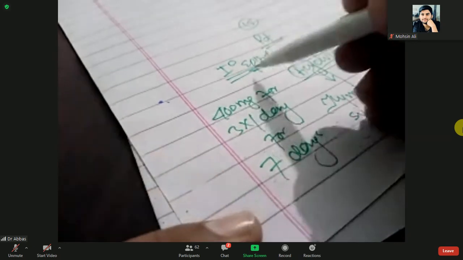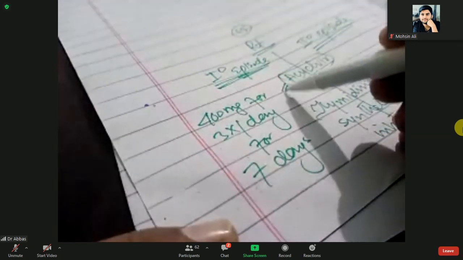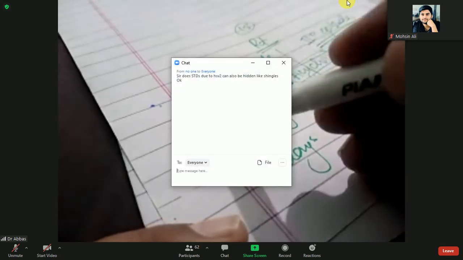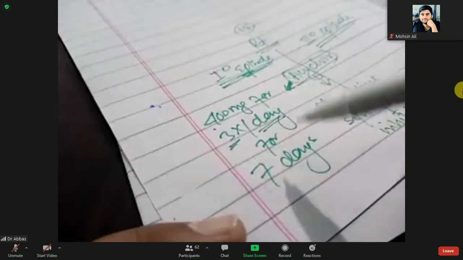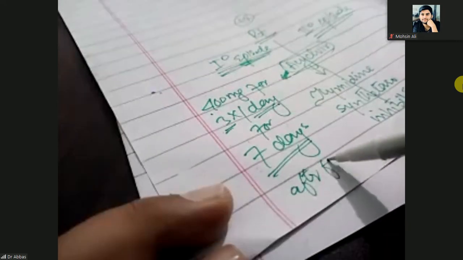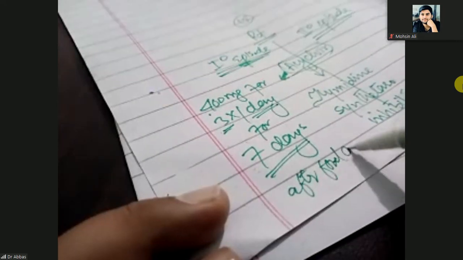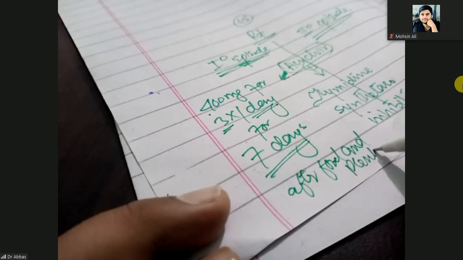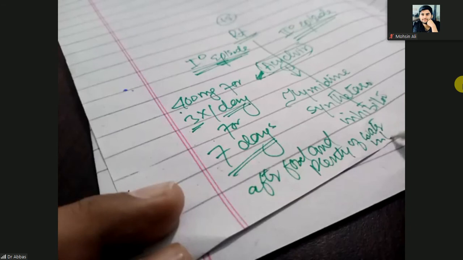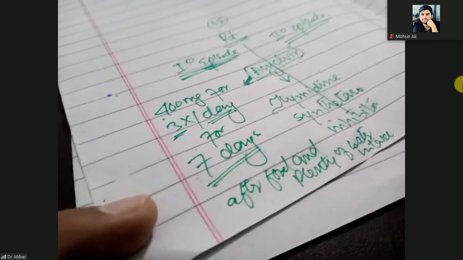In the case of the primary episode, you will give acyclovir. So the dose and duration are important: 400 milligrams 3 times per day for a total of 7 days, after food, and plenty of water or fluid intake should be sufficient.